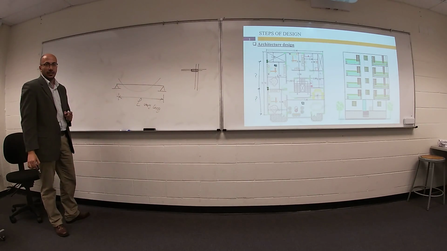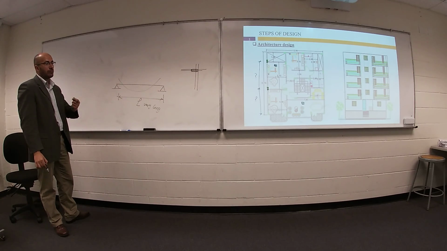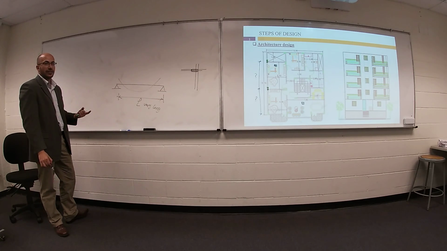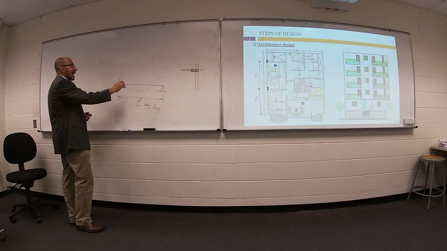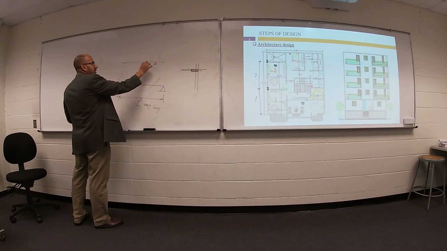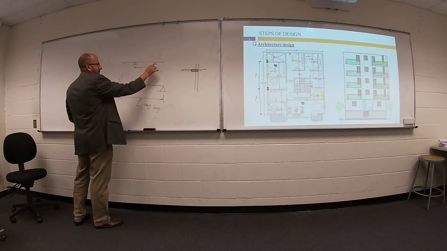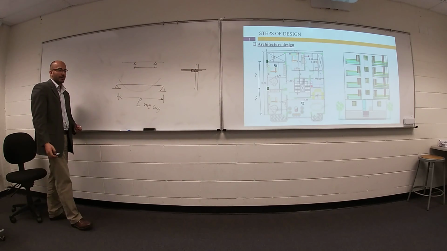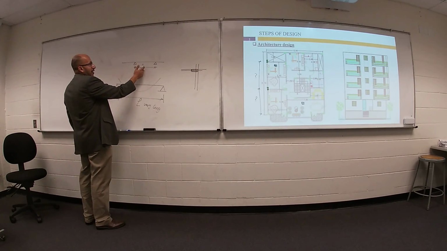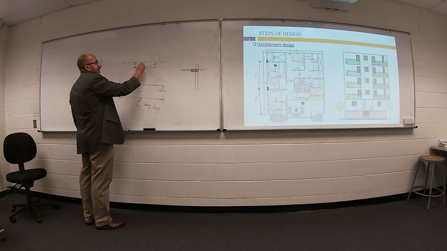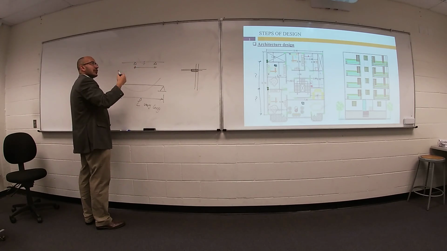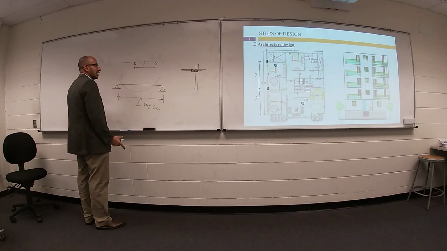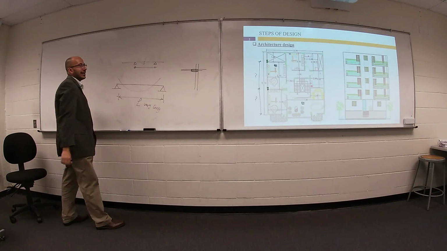Too much bending moment, too much shear, too much deflection, and an uneconomic design. If you have a very short distance between your columns, it's not economic also, because a very short distance makes your beam have a very small deflection, very small bending moment, very small shear, so your design will not be economic.